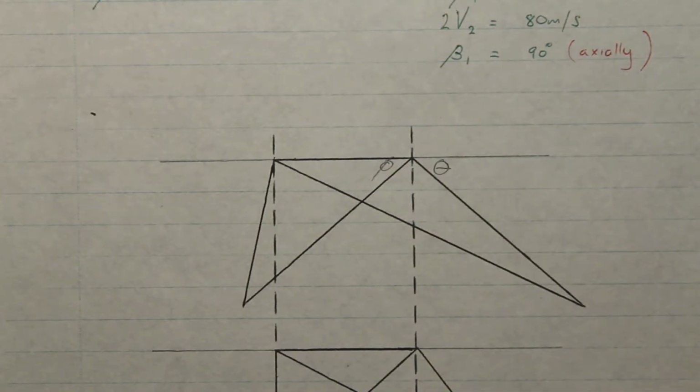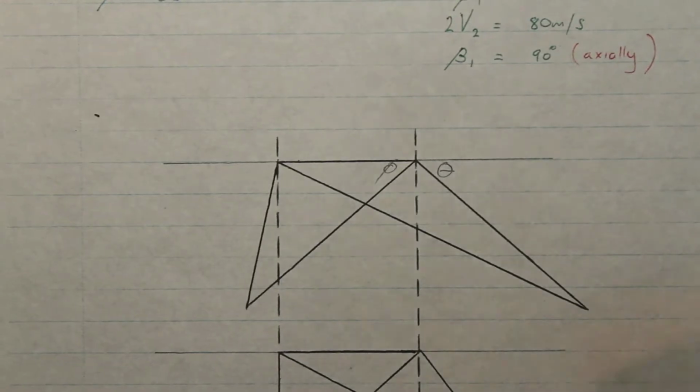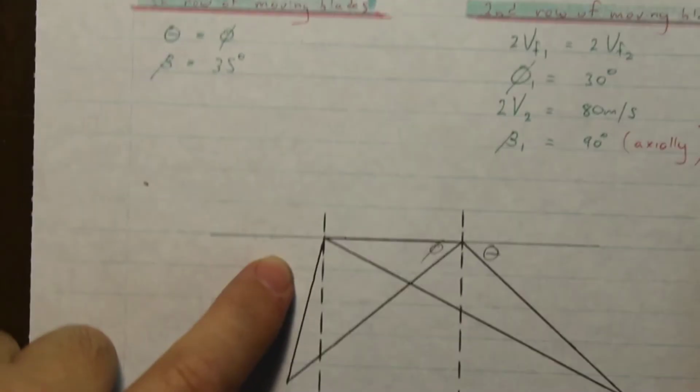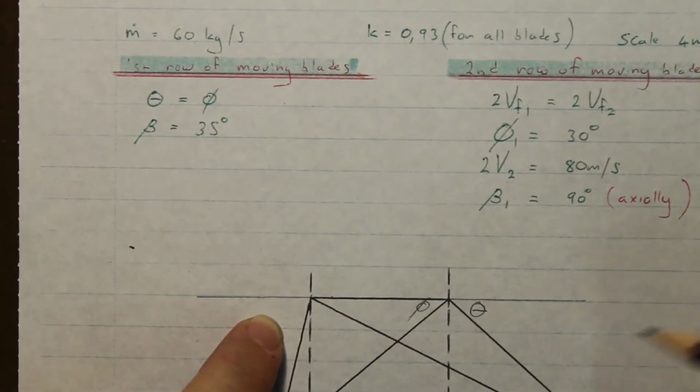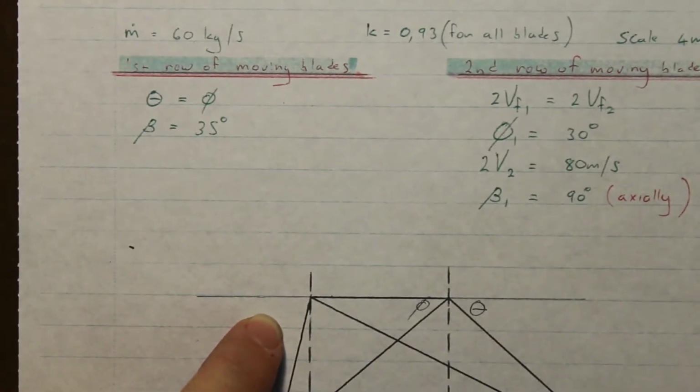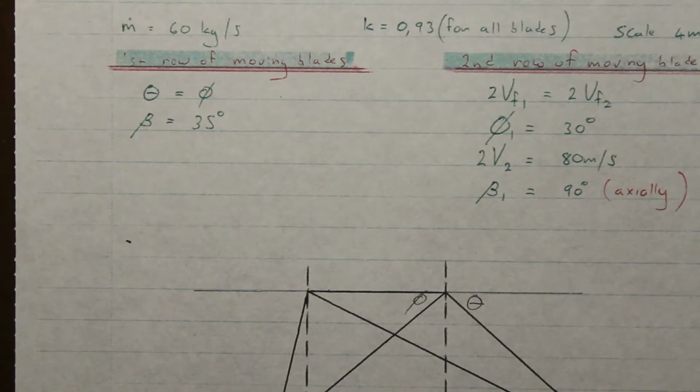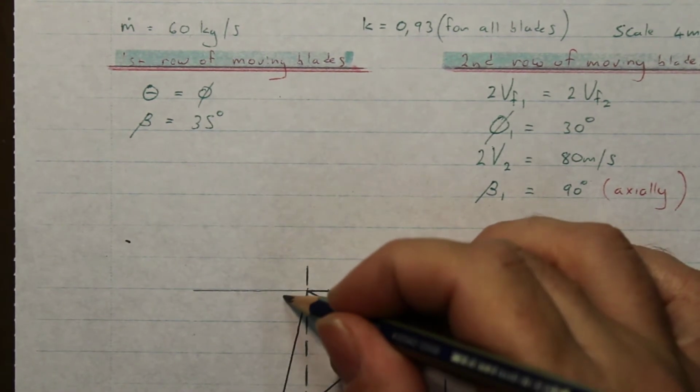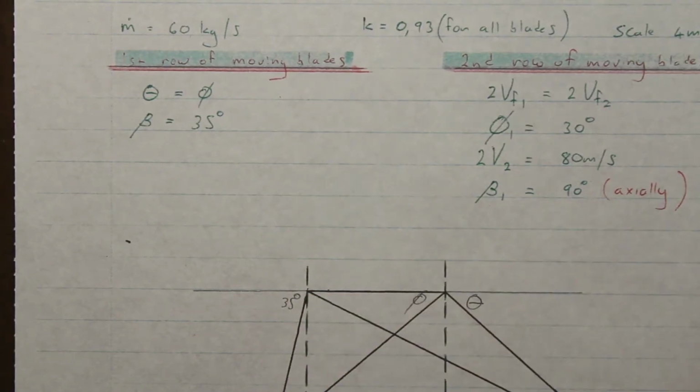And we said that beta was 35 degrees, the inlet angle of the fixed blades. So the steam that's leaving the first set is leaving at an angle of beta, and that is 35 degrees.